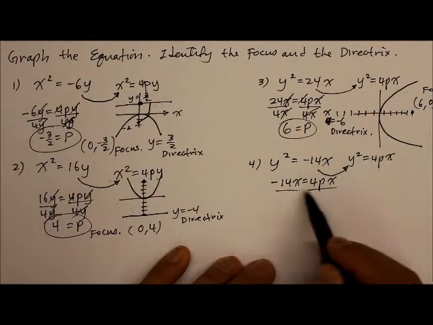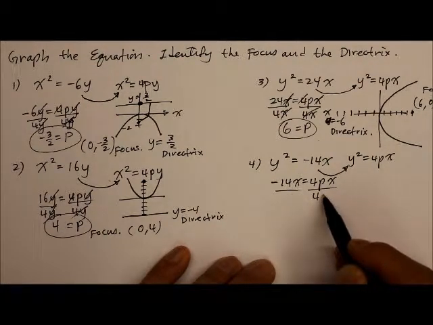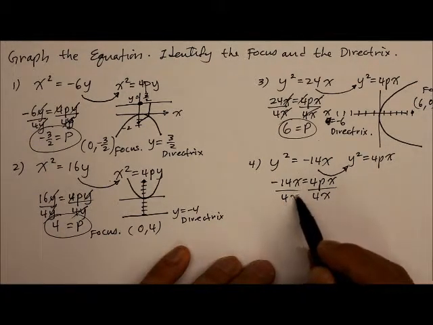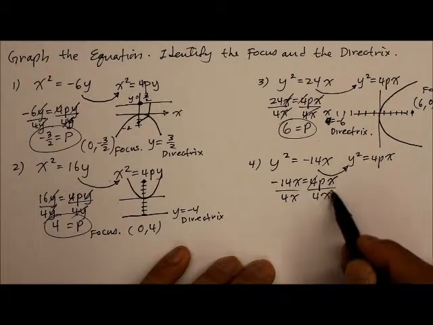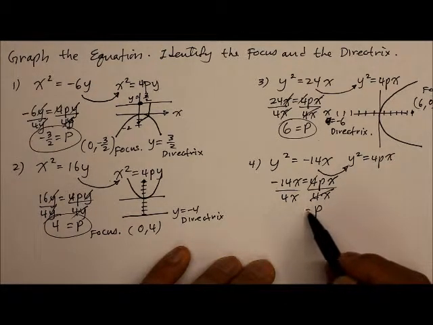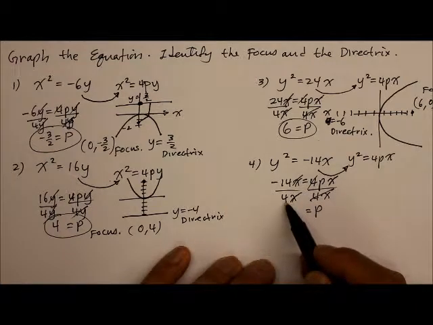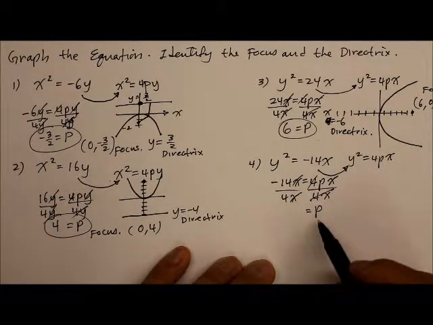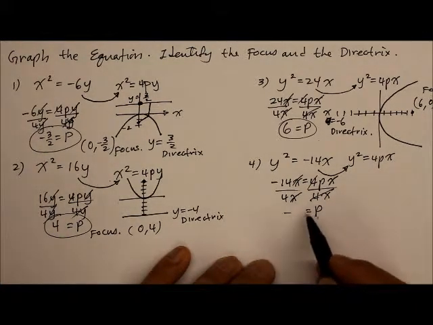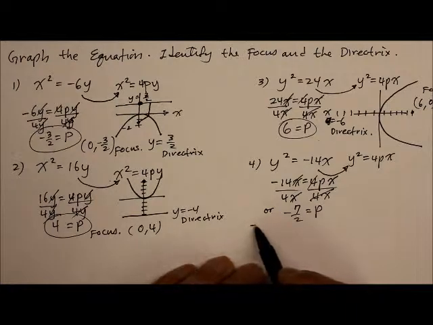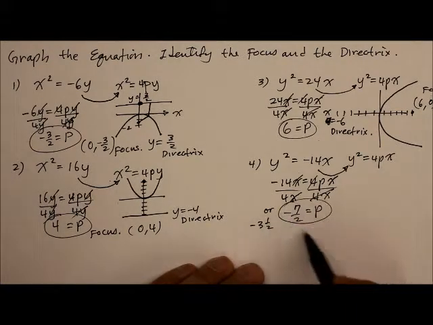We're going to solve for p to find the focus by dividing both sides by 4x. Therefore, the 4x simplify. P is equal to now, well, 4 does not go into 14 evenly, so we're going to end up with a fraction. Common factor of 2, so negative 7 over 2. To get a visual, we could say that's going to be negative 3.5, I guess, huh?